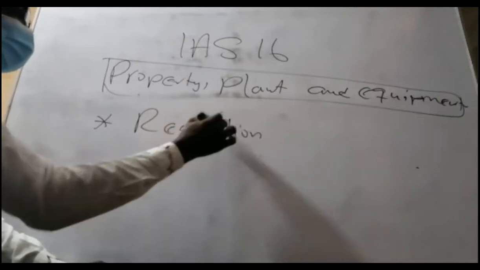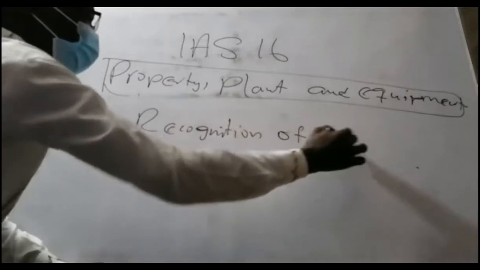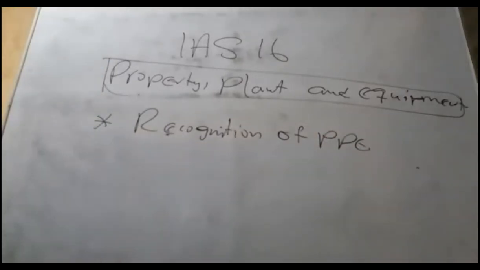So recognition of PPE. Now when you mention recognition, how do you record PPE? How do you record PPE in your books? Are they liabilities or are they expenses? Okay, they are what?